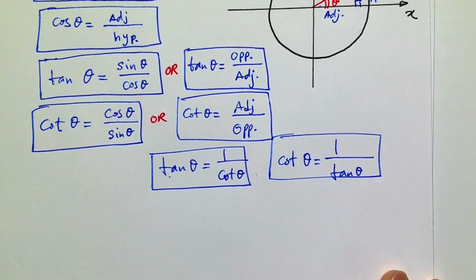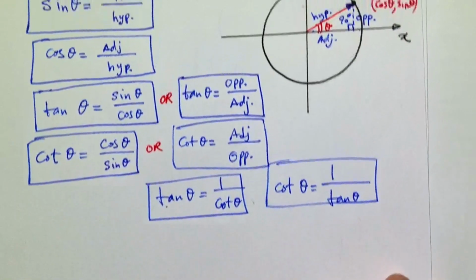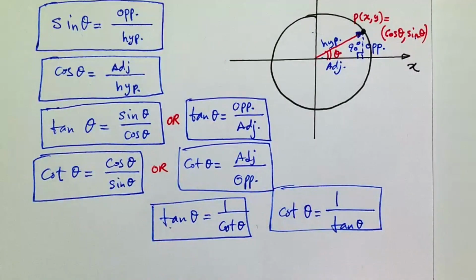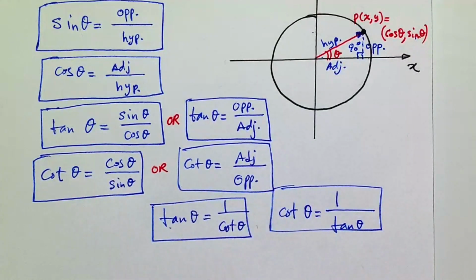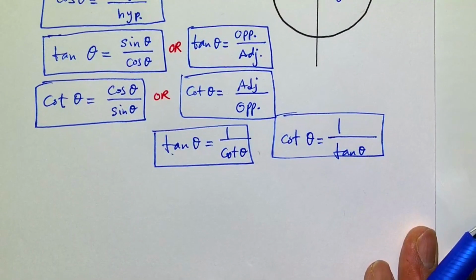Now we also have two more basic trigonometric functions, right? So far we have shown four: sine, cosine, tangent, and cotangent. But we also have a couple more, and these are equivalent to these. Those are the secant and cosecant functions.